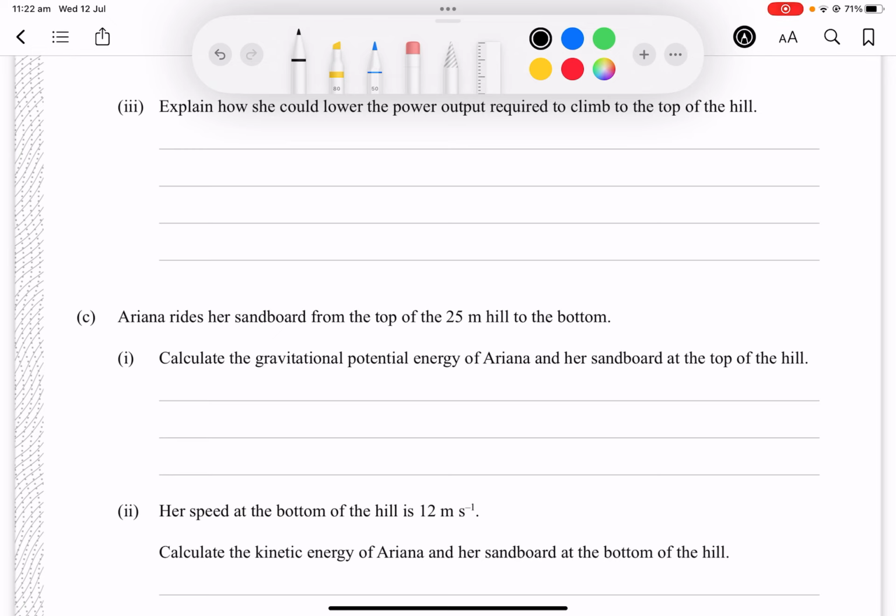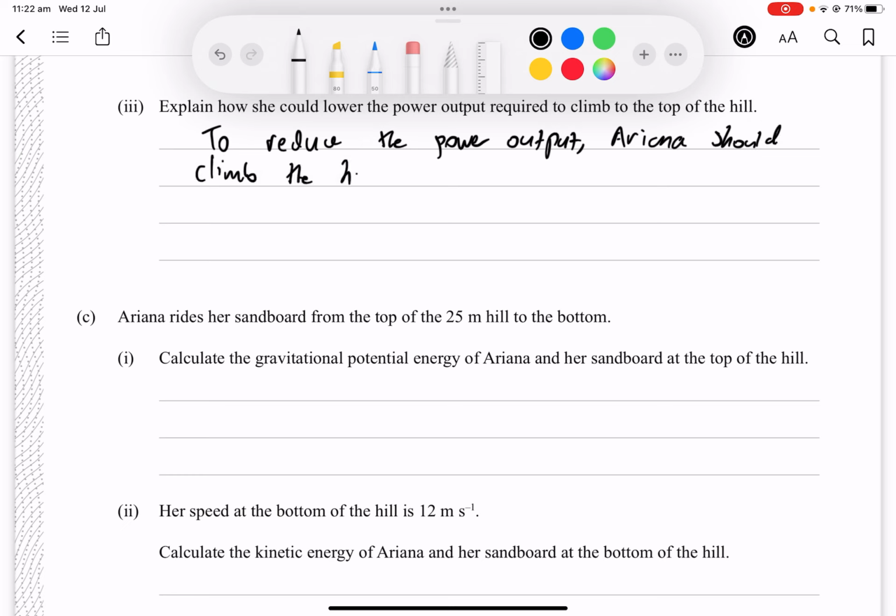Okay, so to reduce the power output, in other words, Ariana should climb the hill in a longer period of time.